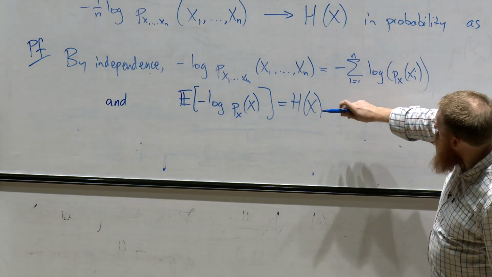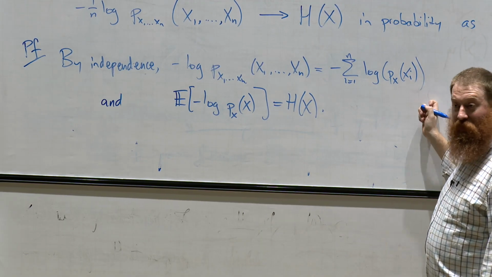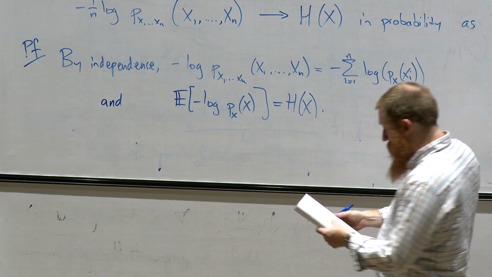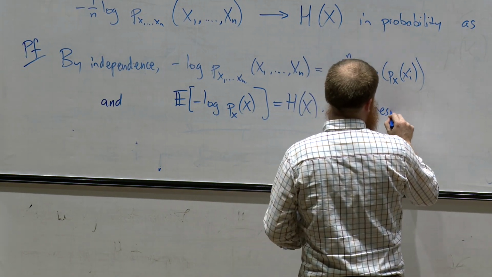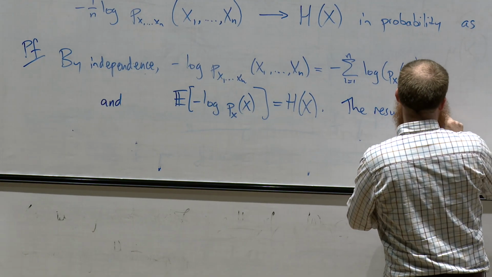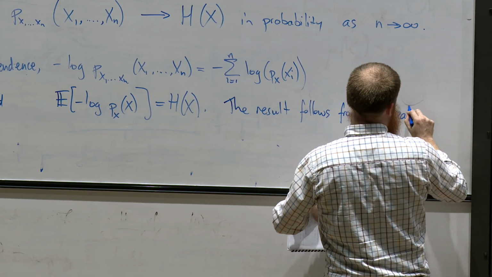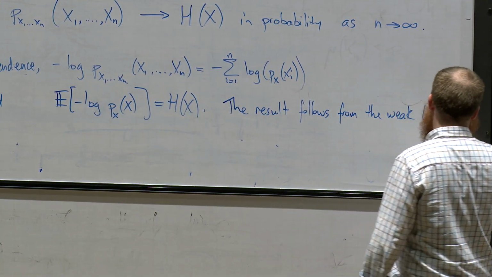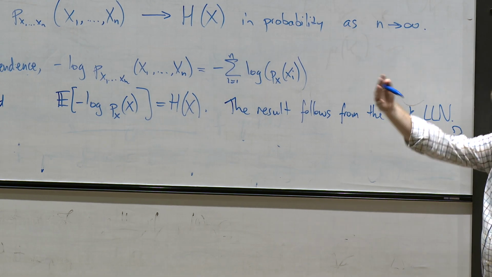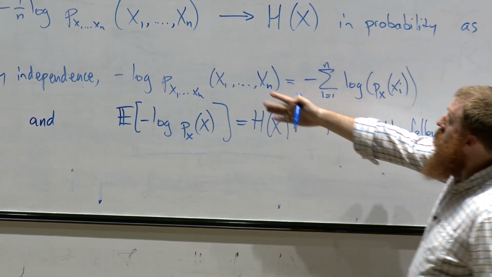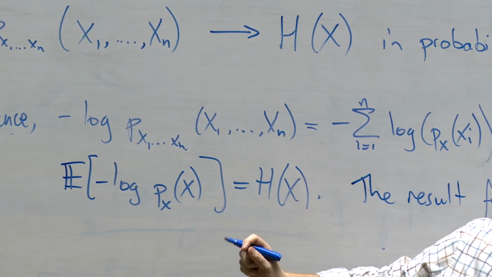Okay, so it's fairly clear what we're going to do. You divide both sides by n, then I apply the weak law of large numbers to say this converges to this. Okay, so the result follows from the weak LLN. I could do a strong version, so if I know the strong law of large numbers, I could show that this converges almost surely to this right-hand side, but we're not going to worry about that too much.